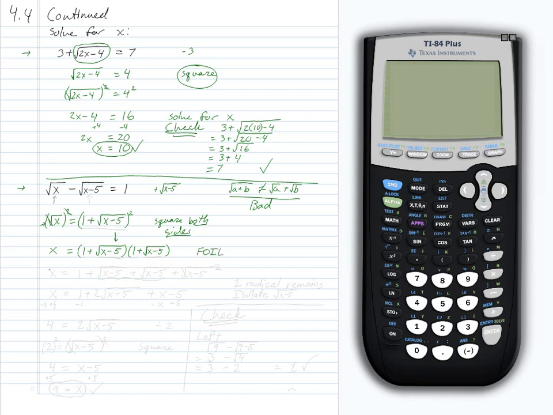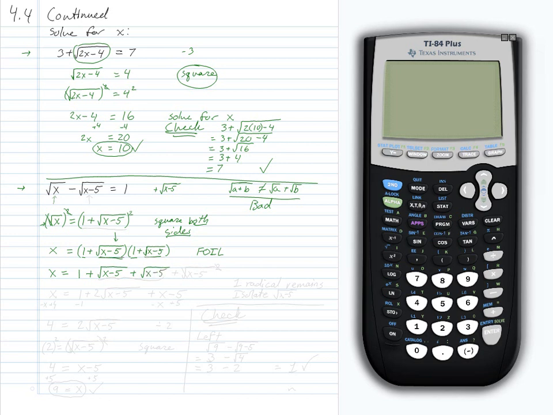Alright, so our first term, we would get 1 from the 1's. Then we'll get 1 times radical x minus 5 from the outside terms. From the inside terms, we'll get another radical x minus 5.